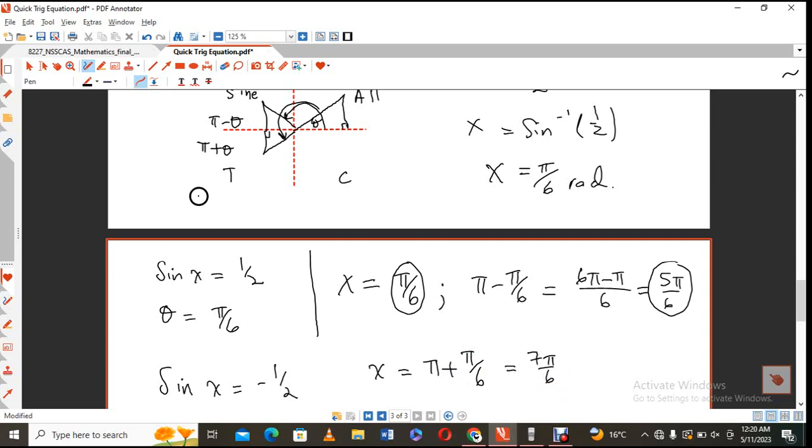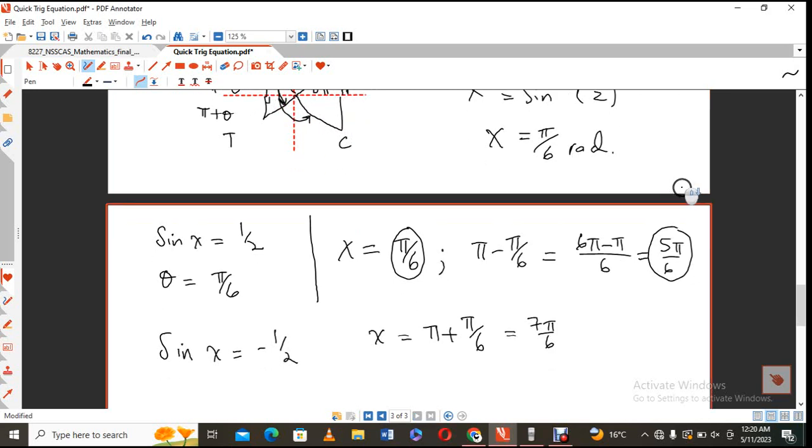Another one, in the fourth quadrant, the angle is going to be all the way 2 pi, the 360, minus our angle.